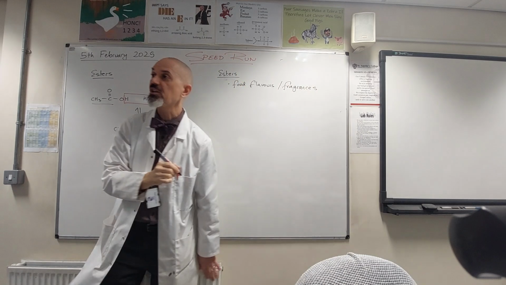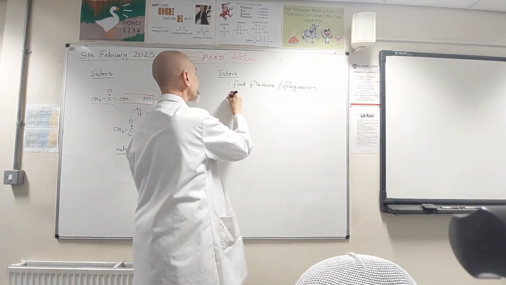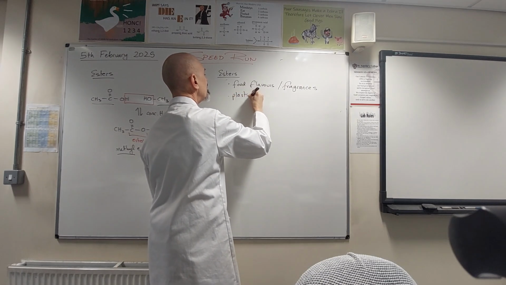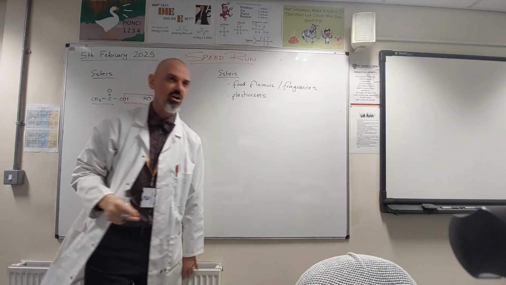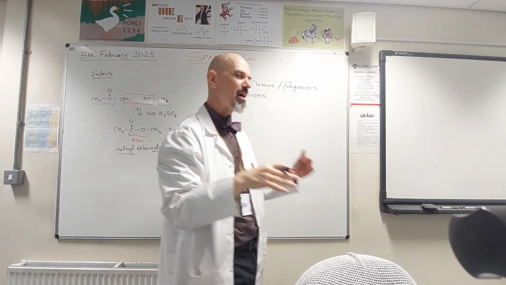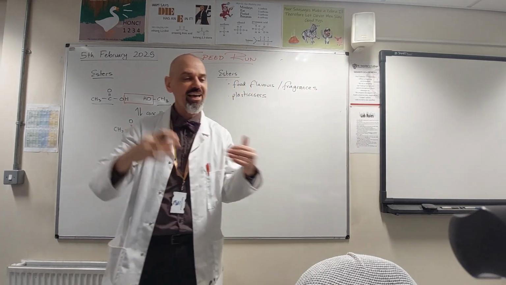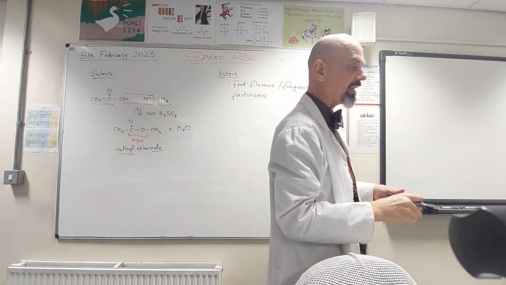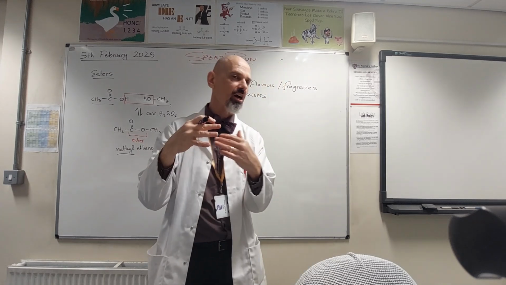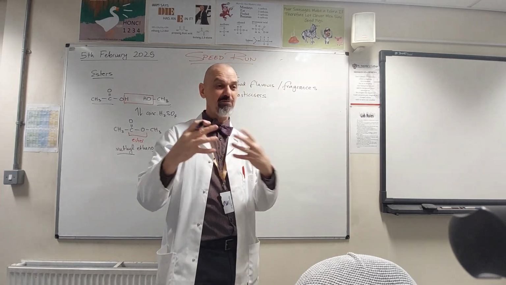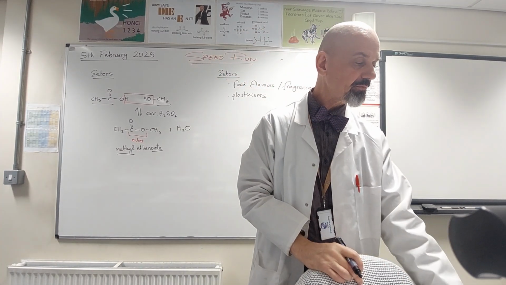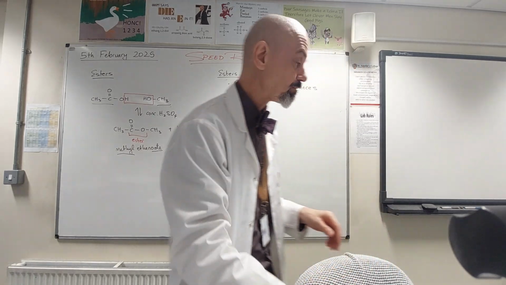They're used in perfumes a lot. And plasticizers, so larger ester molecules get used in the making of plastics. They sneak in between the layers and stop the layers from forming too strong intermolecular forces and therefore keep it flexible. Okay.